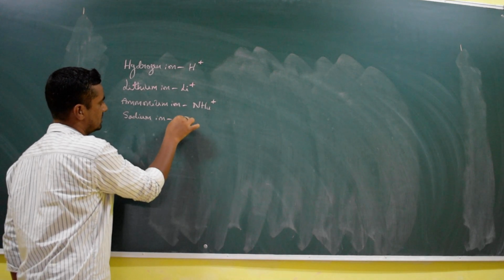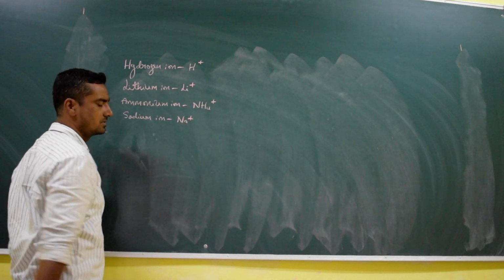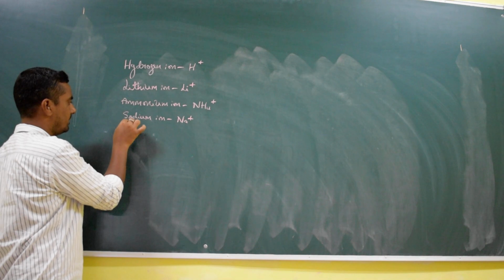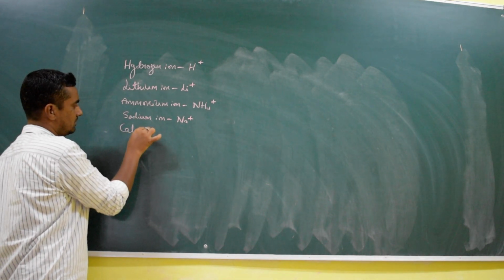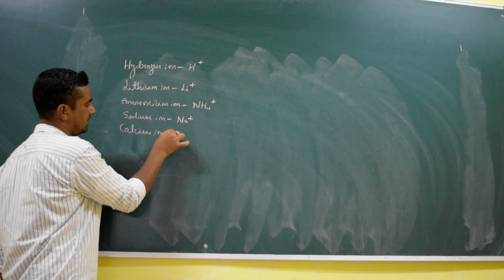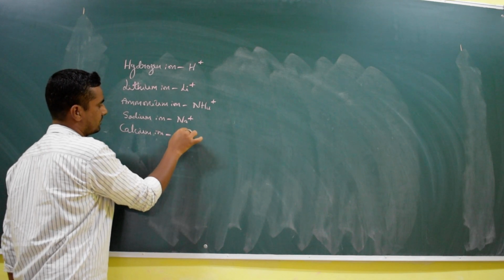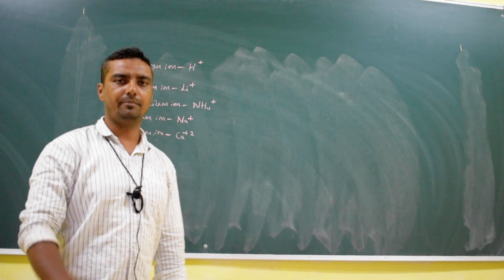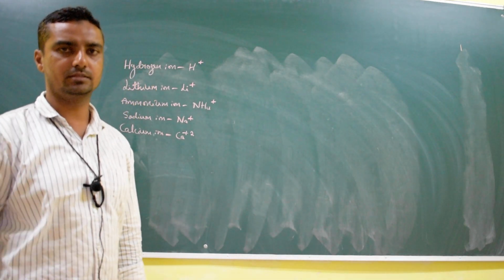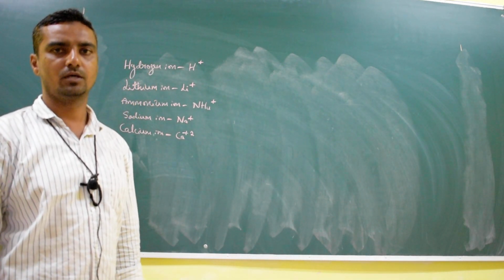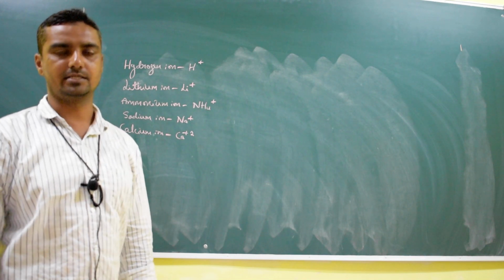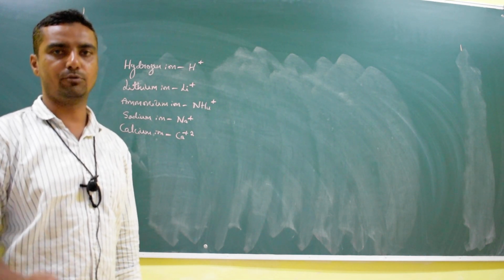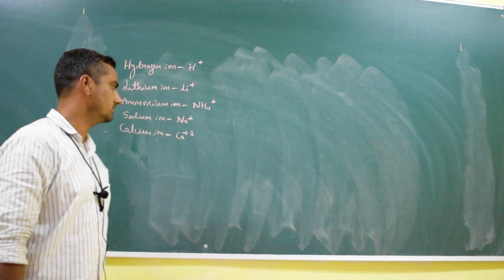The sodium ion is Na plus. Calcium ion is Ca plus 2; its oxidation state is plus 2. A group 1 element will exhibit only one positive charge, the plus 1 oxidation state. Group 2 elements, that is calcium and barium, will exhibit the plus 2 oxidation state.